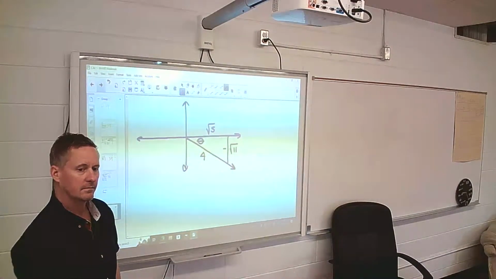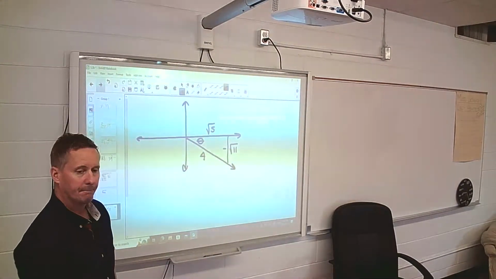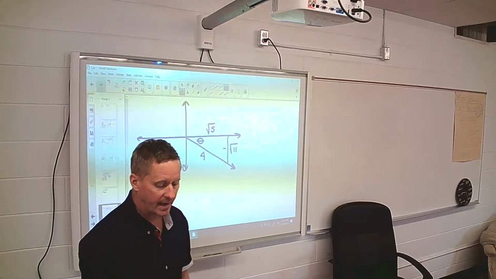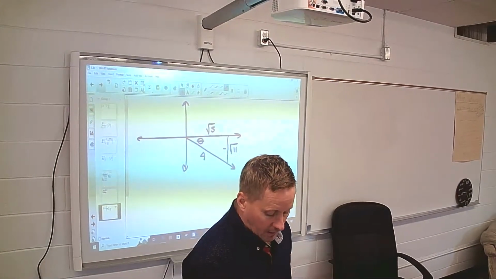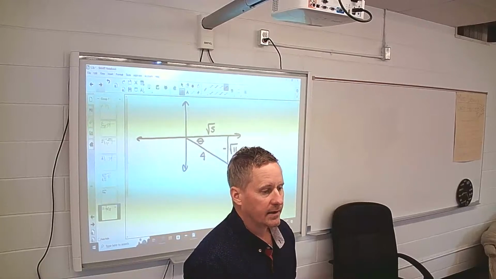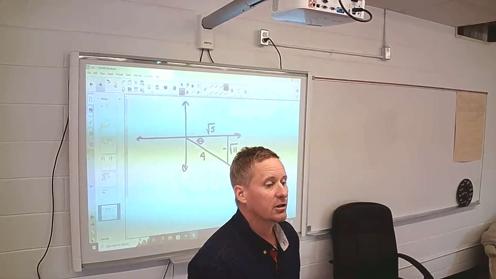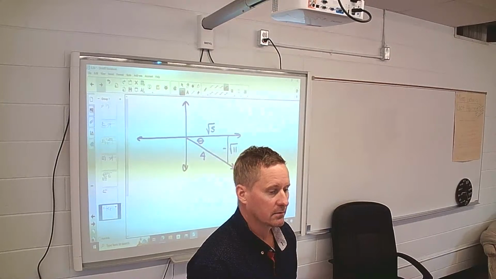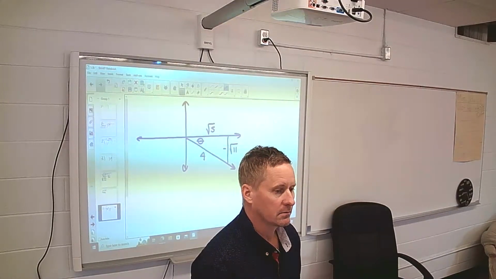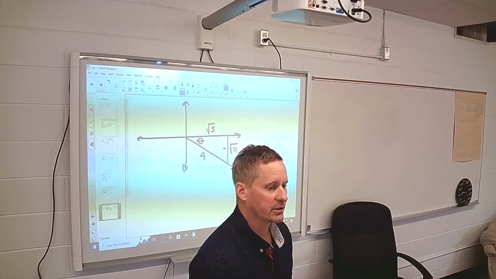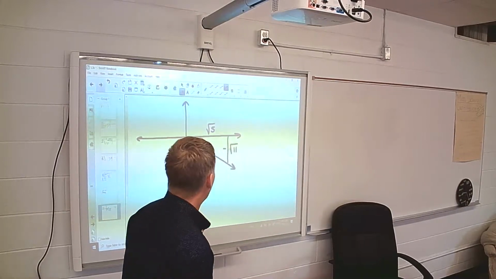The negative for the root 5. Why is that the x? Because isn't it the cos value? Root 5 over 4, so that's your adjacent value. It's cos. Did that answer your question? All right.